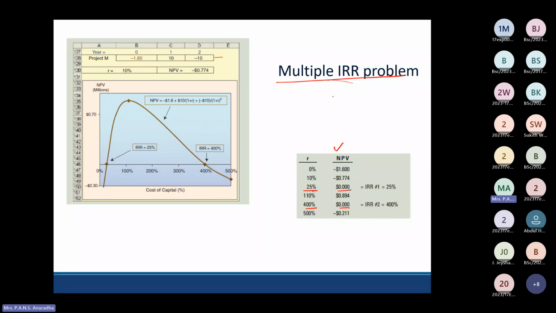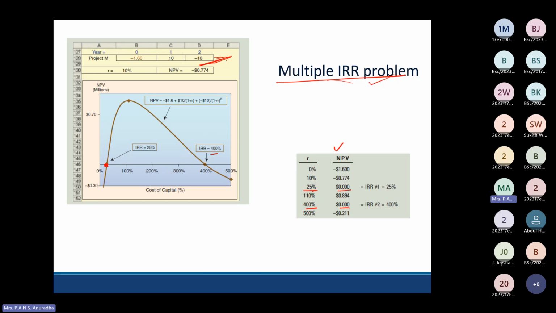When the project cash flows are unconventional like this, the multiple IRR problem is possible. If you draw the NPV profile graphically, you can see one IRR at 25% and another IRR of the project at 400%. So this is also a problem with the IRR. Some projects have more than one IRR.